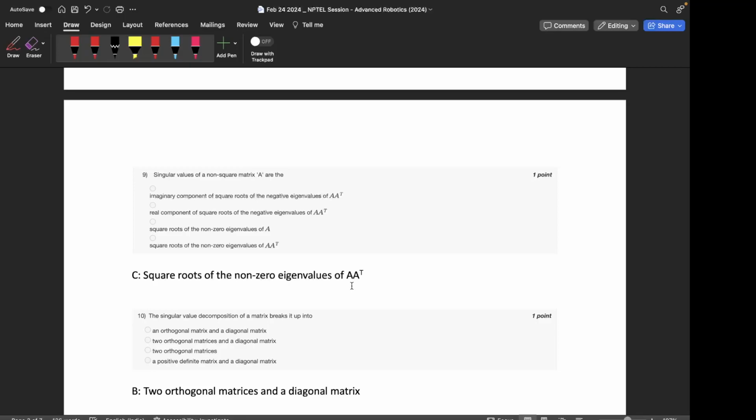So lambda i of A transpose A is equal to sigma i of A squared, right?